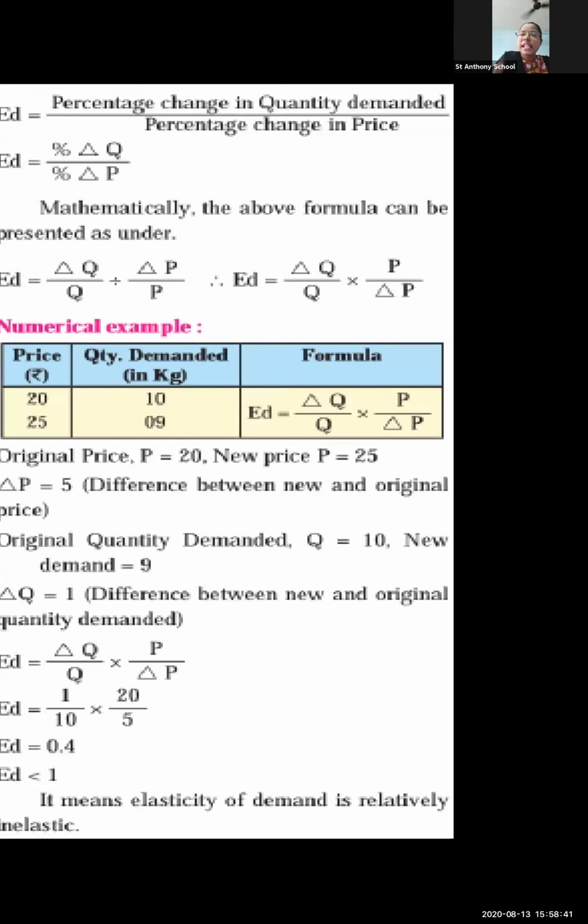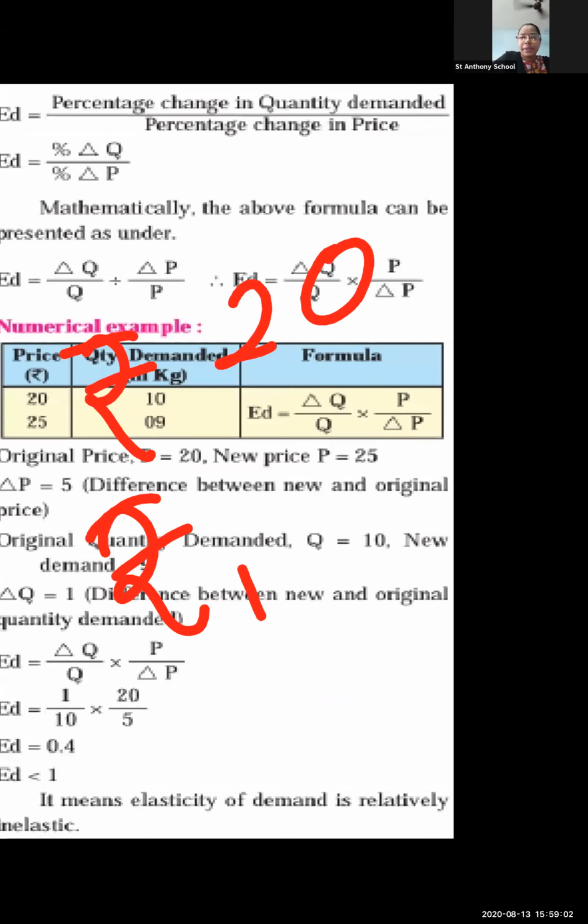Moving ahead, same with change in price. Whatever the new price is, you cannot take it as the change in price, right? So for change in price also you need to find the difference between the original price and the new price. Suppose the original price is rupees 20 and the new price is rupees 10.